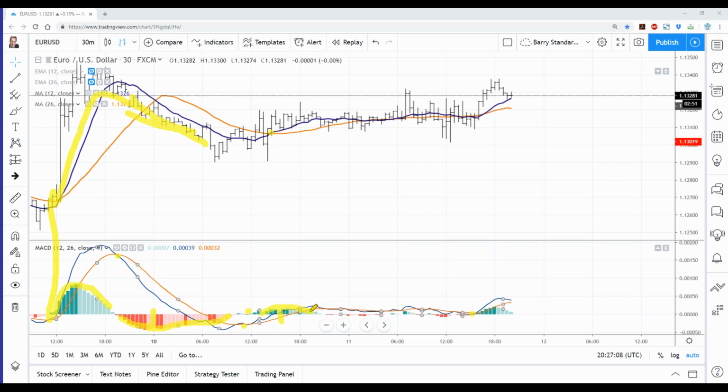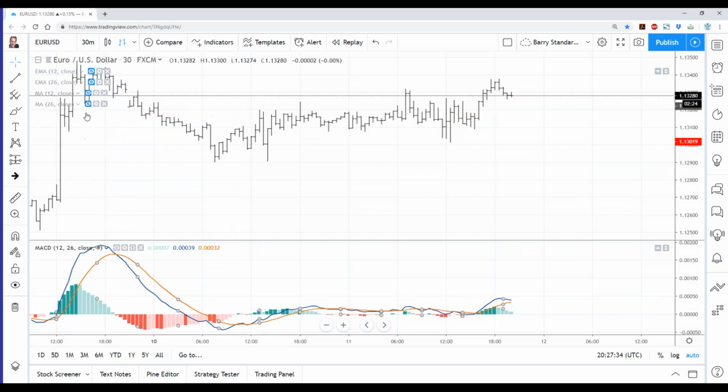And MACD didn't actually give us a trade signal. So MACD becomes a little bit more predictive and reliable than a simple moving average crossover strategy. And it becomes a derivative of a derivative, but it becomes more reliable.